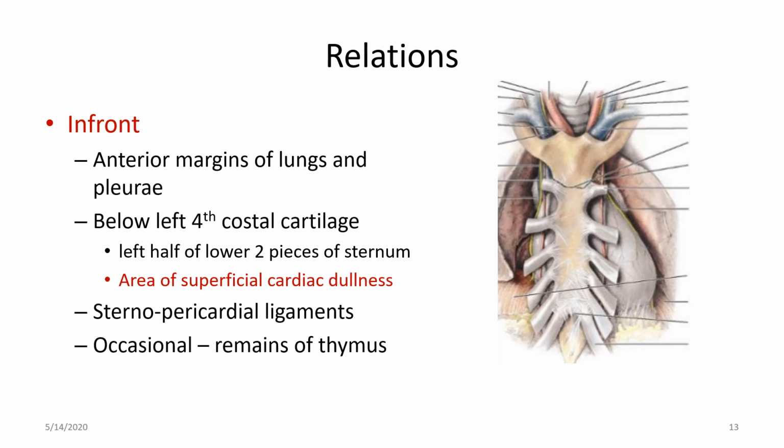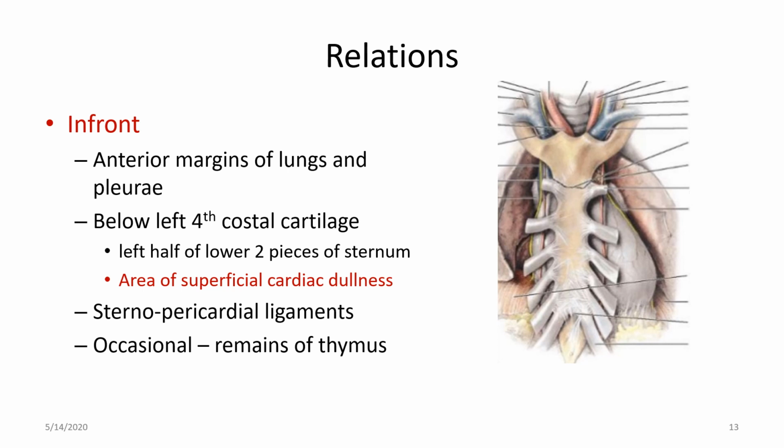In front, the fibrous pericardium is related to the anterior margins of the lungs and pleura. On the left side, below the left fourth cartilage, it is related to the left half of lower 2 pieces of sternum and an area of superficial cardiac dullness.